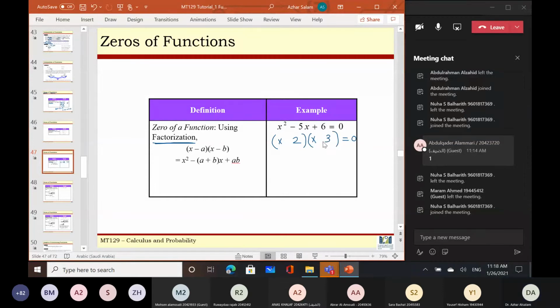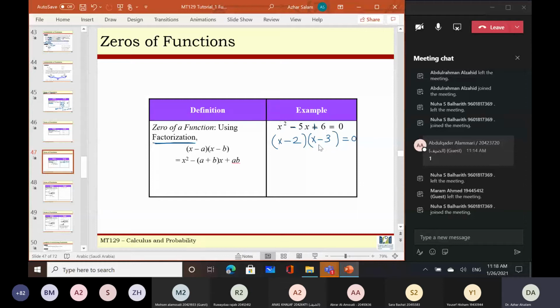Of course, since I have here plus, the two signs must be equal. يا أن تكون الإشارتين موجبتين أو إشارتين سالبتين. بما أنه عندي هنا إشارة سالبة, since this is a minus, they must be minus. عشان أتأكد, to check, minus 2 multiplied by minus 3, حاصل الضرب موجب 6.